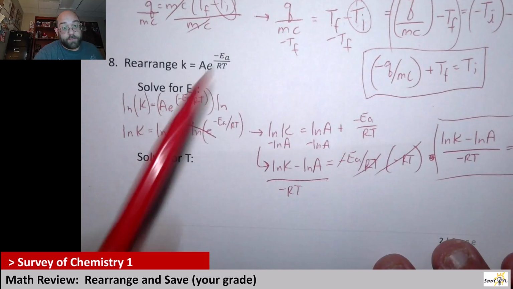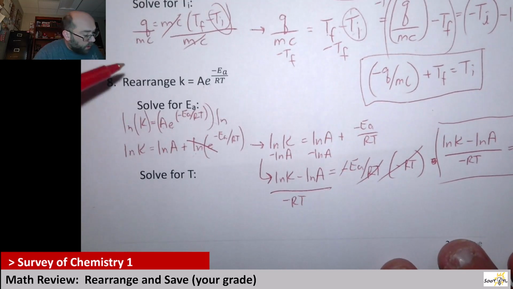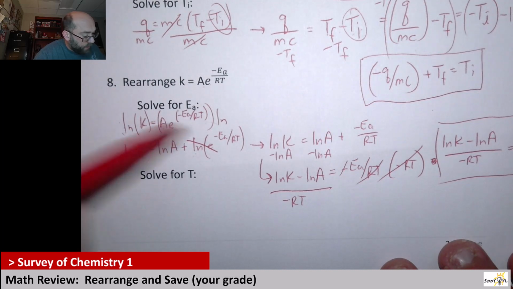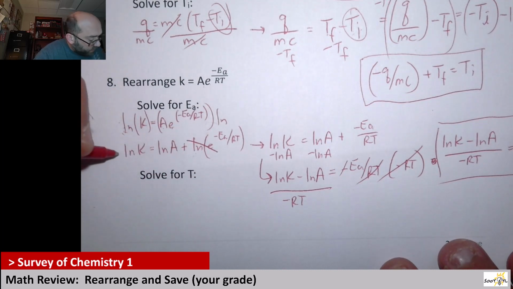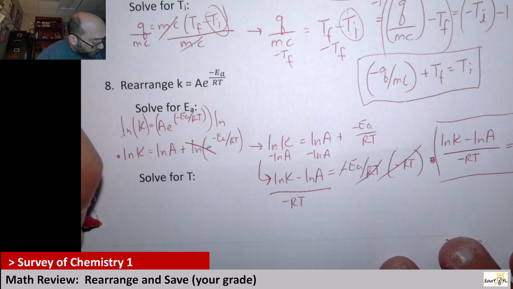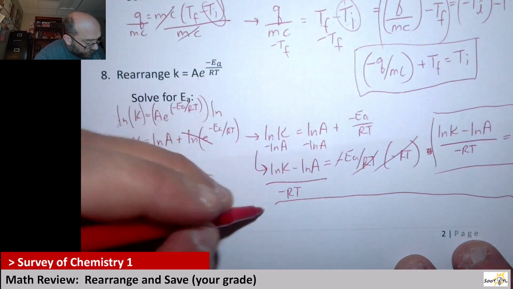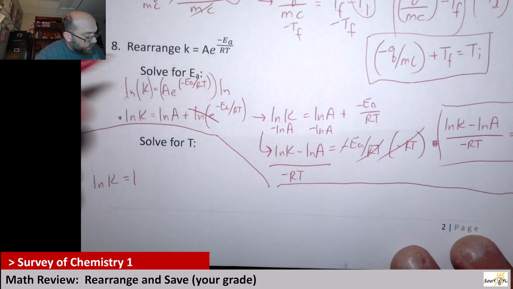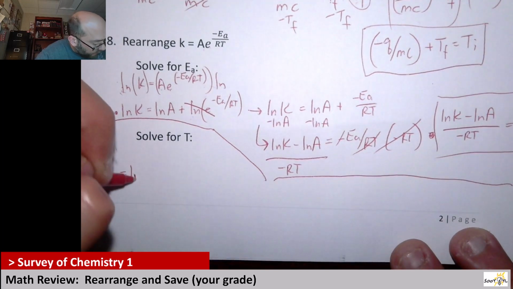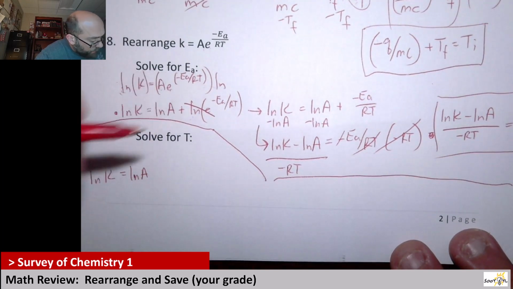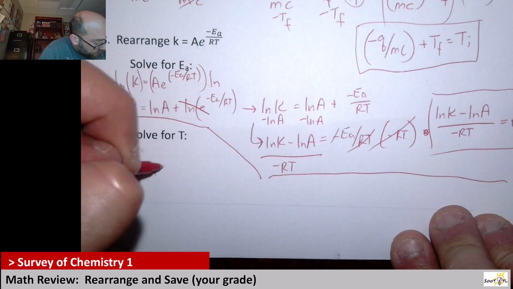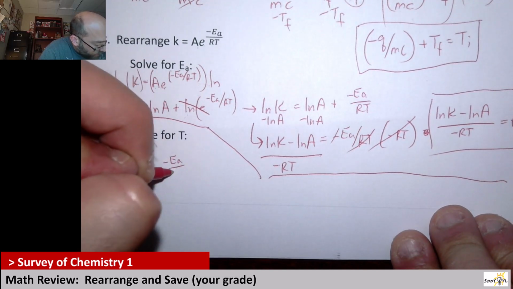Now here's the issue when we solve for T. If you recall, I said we can take the natural log of both sides to get this. So I'm actually going to start from right here, from this line, when we solve for T. So if you remember, we had natural log of K is equal to natural log of A plus negative EA over RT.